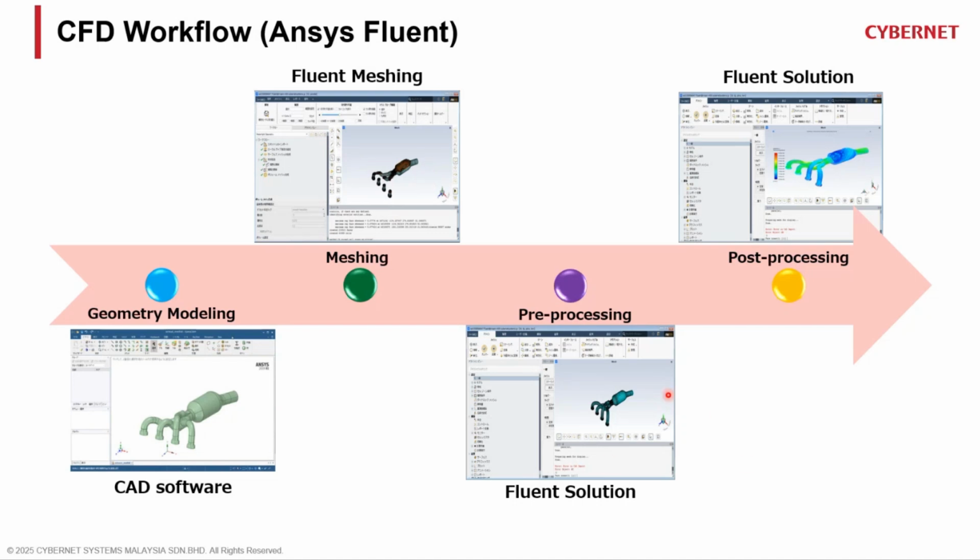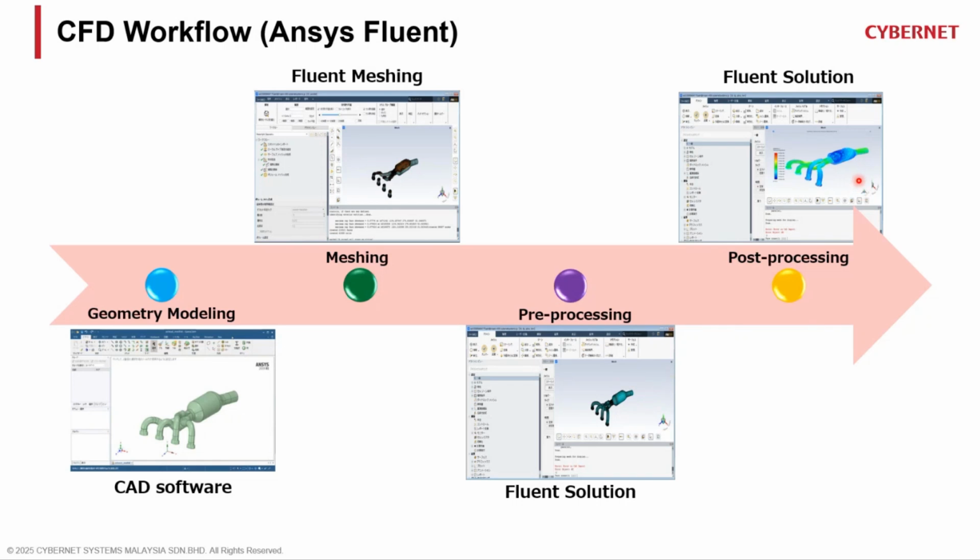Then after that, you do what we call pre-processing. This is where you set up your airflow or some other things: where does the air come from, and where does your air go out from? What is the velocity or the mass flow rate? That is where you're telling the software how you want to input your flow. Then later on, you do the calculations, and once the calculation is done, that is where you extract your results.